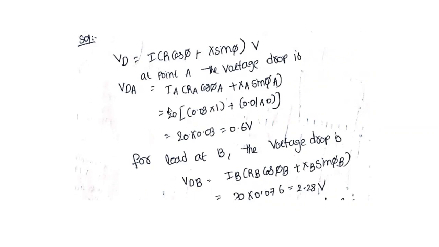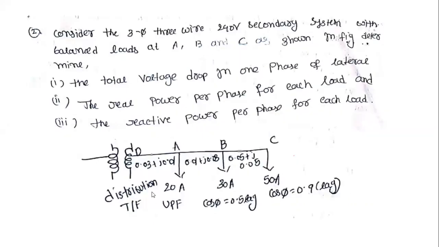We substitute the IA value and RA value. What is the IA value? 20 amperes. And what is the R? This is the ZA, R is equal to 0.03 and the X value is 0.01.